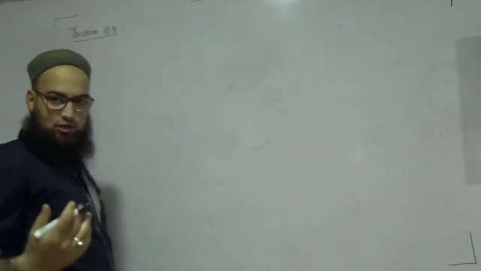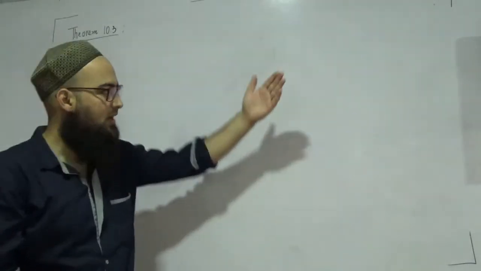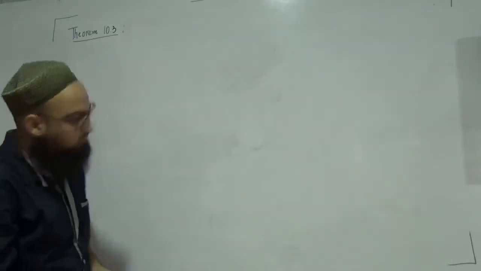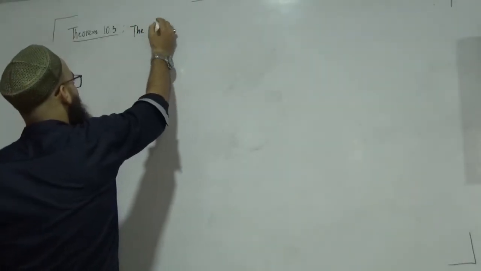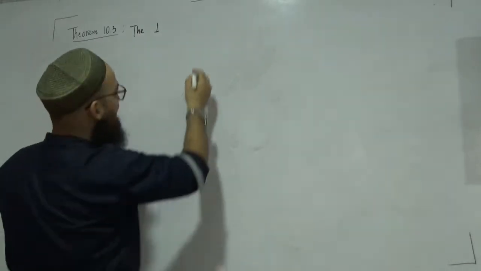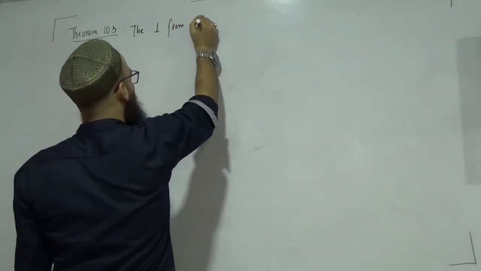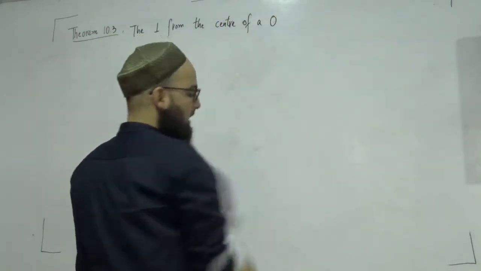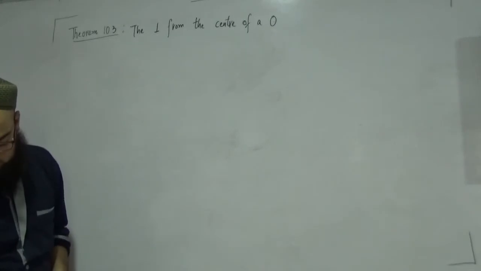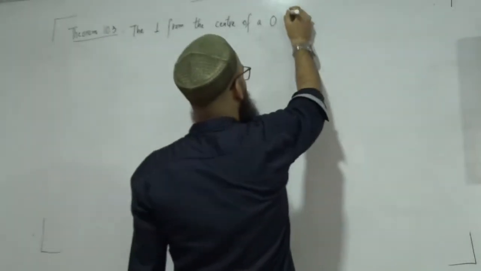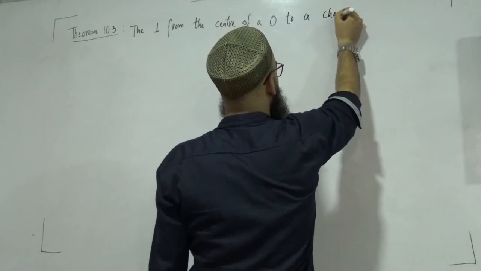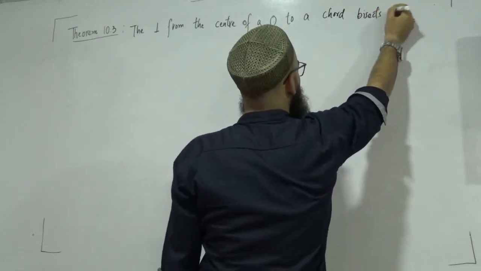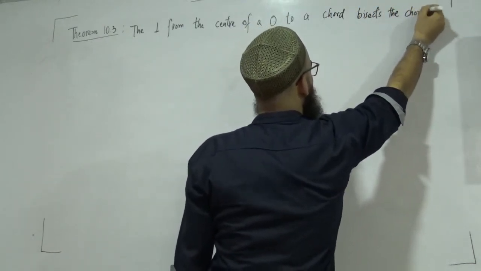And I'll show you the 10.3 theorem, because 10.2 is easy, you can do it similar to 10.1. Now 10.3: the perpendicular from the center of a circle to a chord bisects the chord.